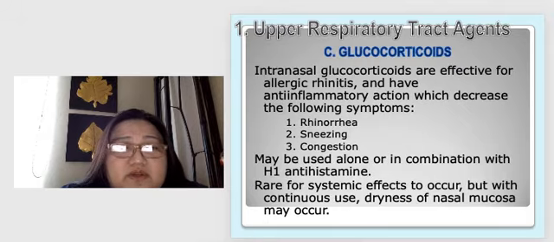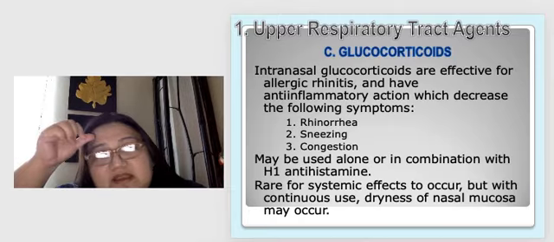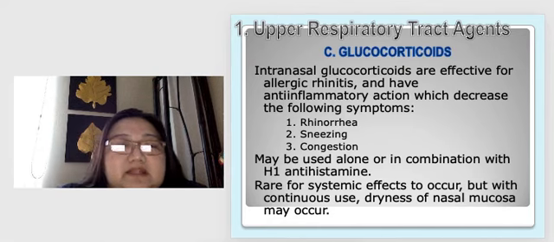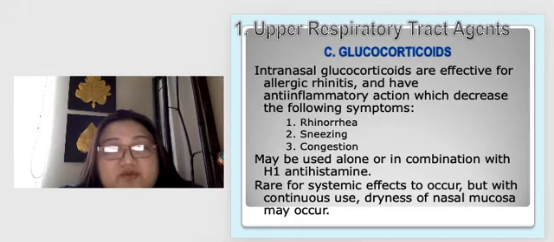The next are glucocorticoids. Intranasal glucocorticoids are effective for allergic rhinitis. It has anti-inflammatory action and also decreases the symptoms of upper respiratory tract infections such as rhinorrhea, sneezing, even nasal congestion again. Maaari siyang gamitin alone or in combination with H1 antihistamines for better results.